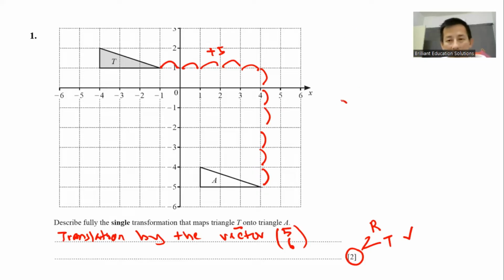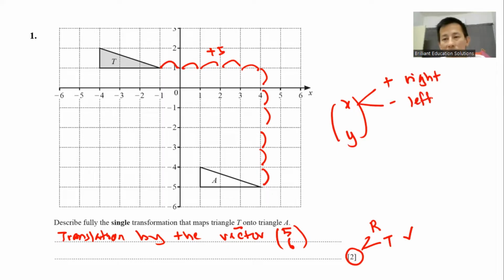For the vector, the x should be plus when you go to the right, and you get minus when you go to the left. And for the y, you plus when you go up, and you minus when you go down. In this case, you go right and down, so this is positive and this should be negative.